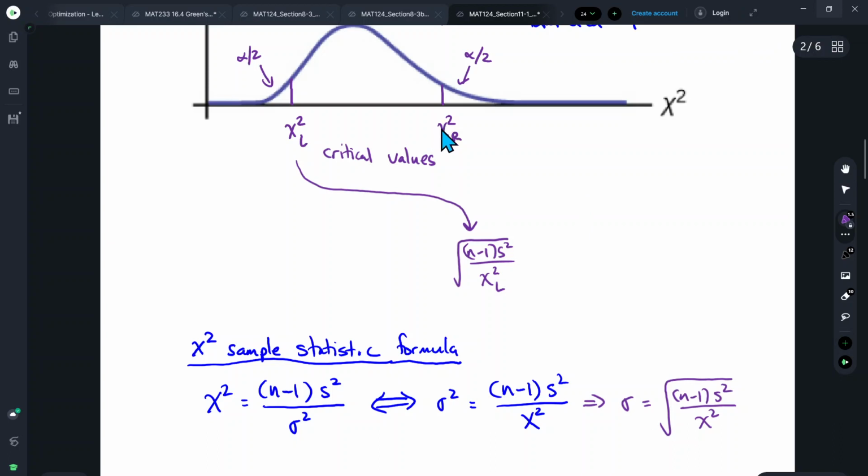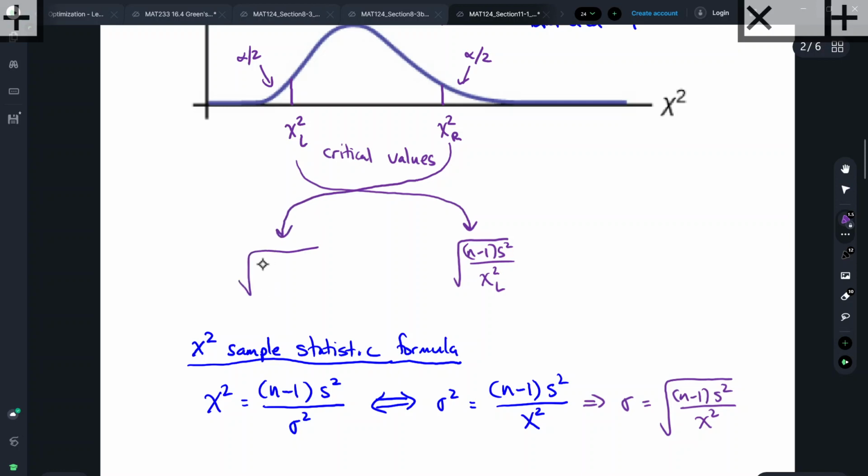Plugging the right critical value into here gives me the left endpoint. And these are the two endpoints of the confidence interval.